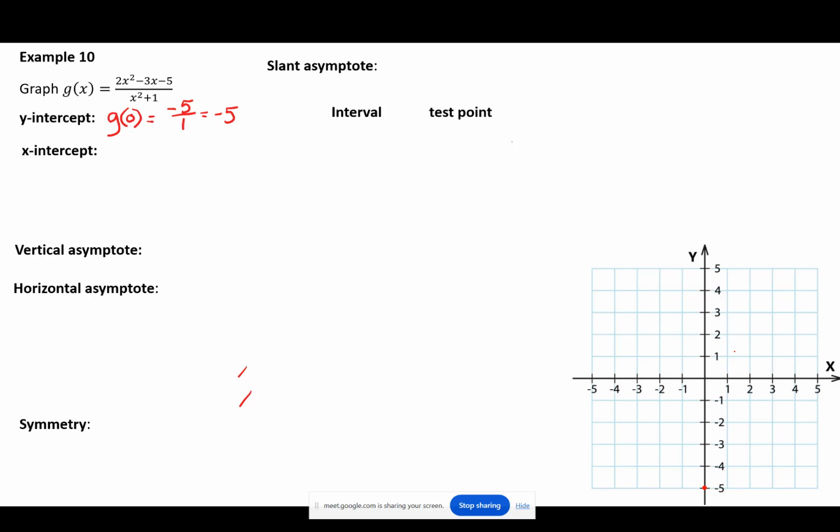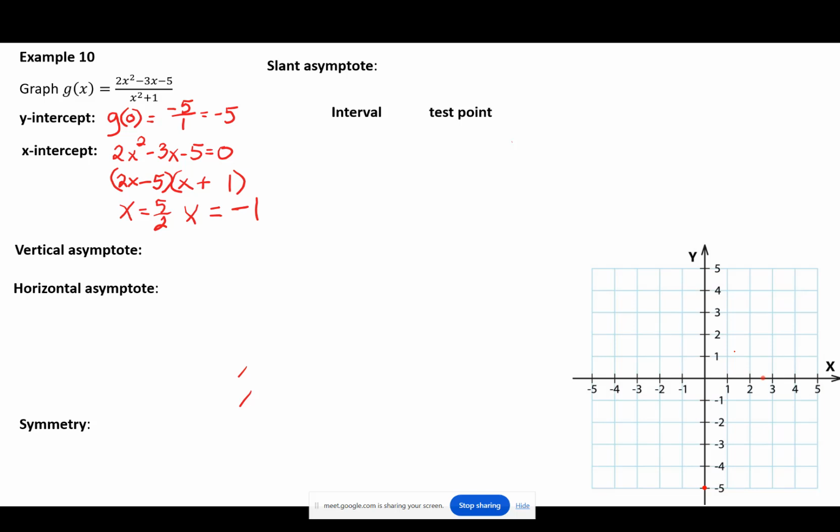The x-intercept is when the function itself equals 0, and that's going to happen when the numerator is equal to 0. So all you have to do is solve for the numerator being 0, and to do that you can factor it, and you are going to get (2x minus 5) times (x plus 1), and that is going to be 0 when x is 5/2 or when x is -1.